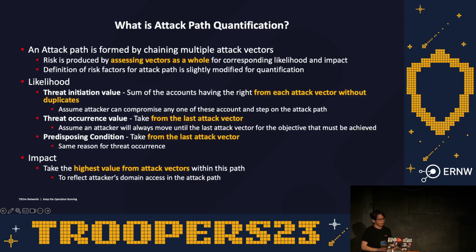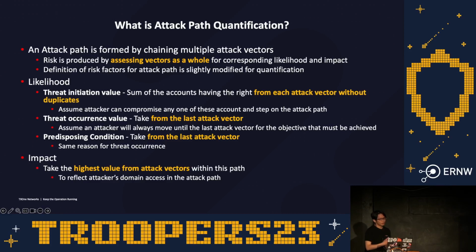So next, let's see what the attack path is. In our definition, the attack path is formed by chaining multiple attack vectors. As we were saying previously, the first one is a local admin, and the target of the account happens to be the account that can initiate the next attack vector. This is why we're saying chaining multiple attack vectors.